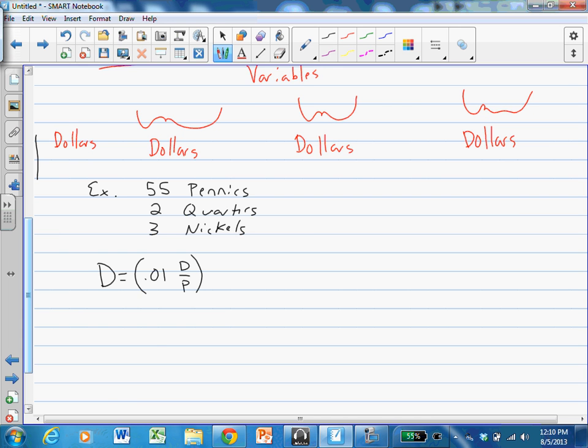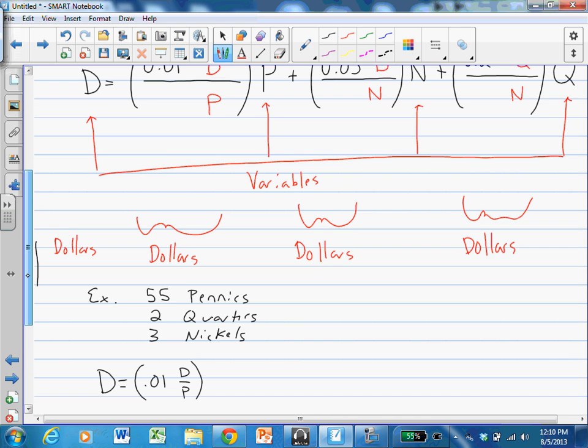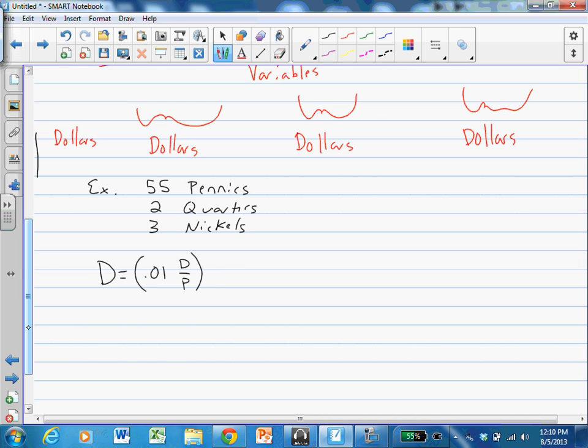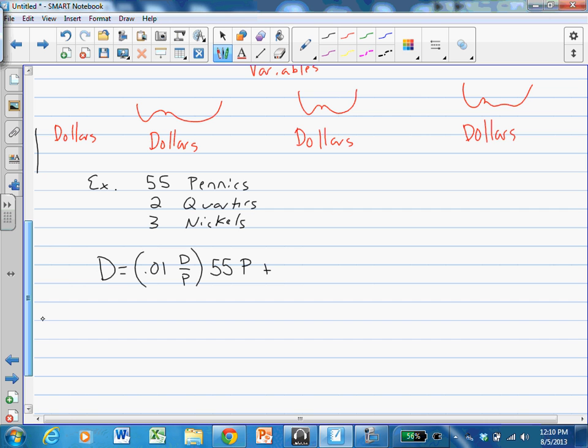Well, how many pennies do I have? 55 P for pennies, plus 0.05 N over P. How many nickels do I have? 3N, plus 0.25 Q over P. How many quarters do I have? 3Q.